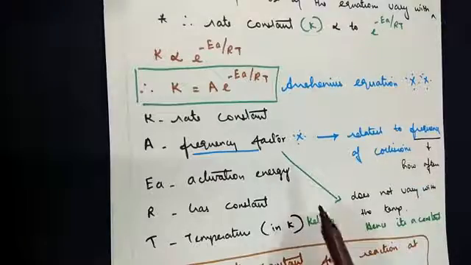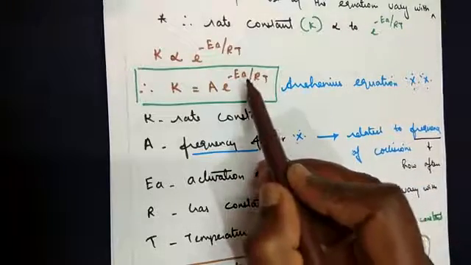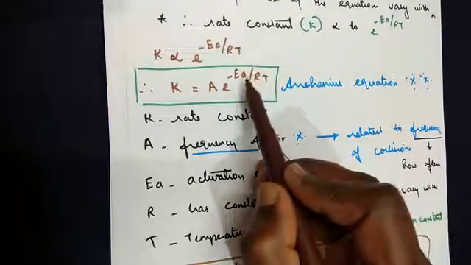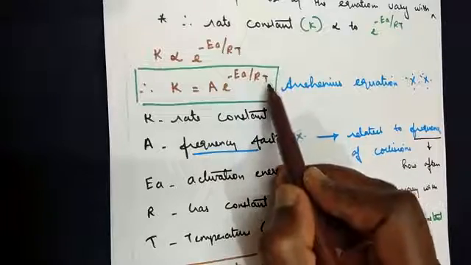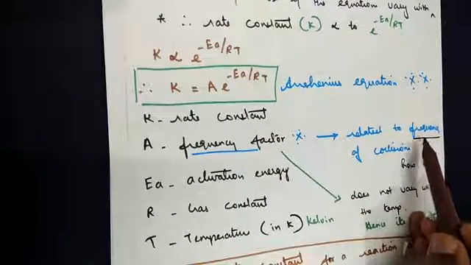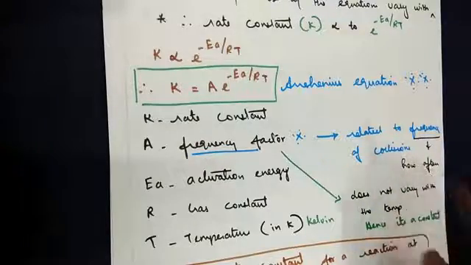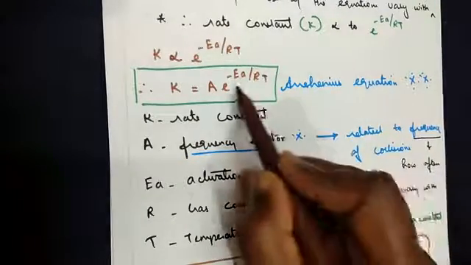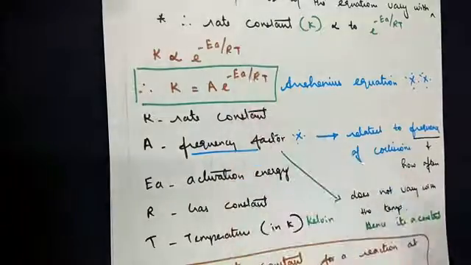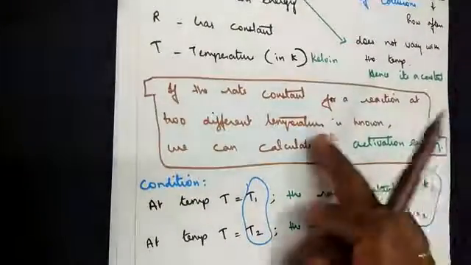Moving back, now what's the purpose of this Arrhenius equation? It helps us to calculate the activation energy within the given time limit, because we are talking about frequency, how often the collisions are taking place within the given time limit. So the Arrhenius equation helps us to calculate the activation energy. That's the point I have written here.